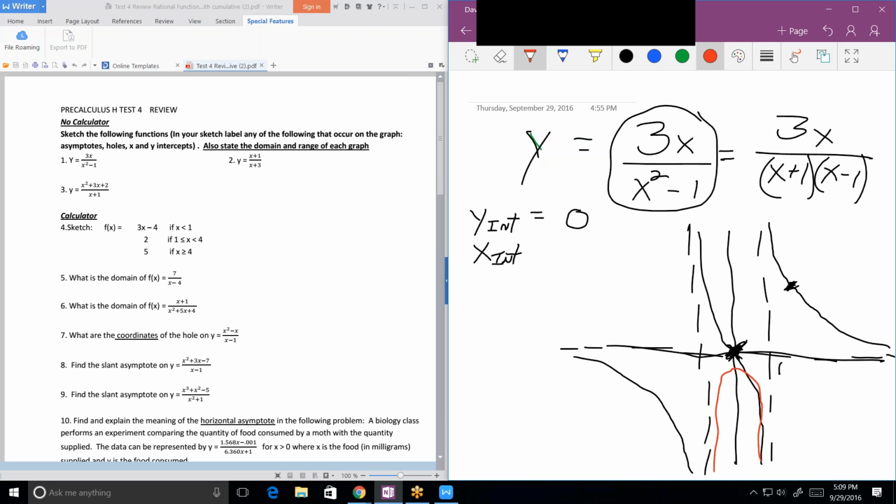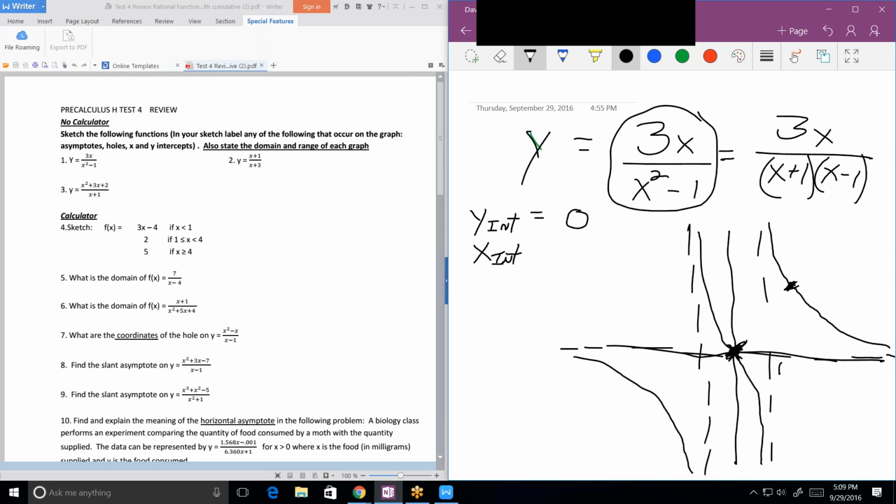The fact that we found an x-intercept right there means it's not the red, right? In other words, I know my curve has to go through that x-intercept. Well, the red doesn't do that. So there's my graph. Now, let's talk about something else.